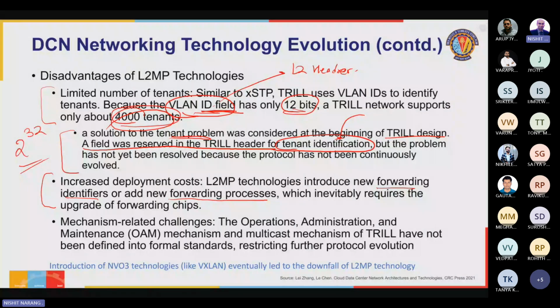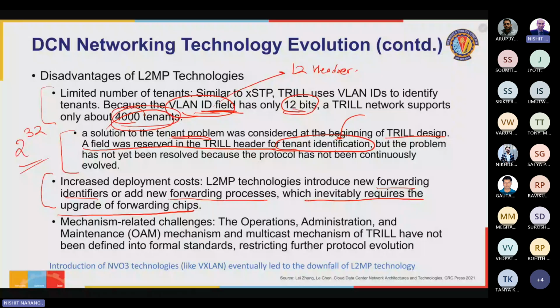I can do a software patching on my access switches and build a new forwarding process inside of them. But if I need speed and I need some of these functions to be done in hardware or in network processors, like routers have, then it inevitably requires an upgrade of the forwarding chip. I'll have to bring in new ASICs which can do the Trill forwarding, or new kinds of network processors which can do the Trill forwarding much faster.